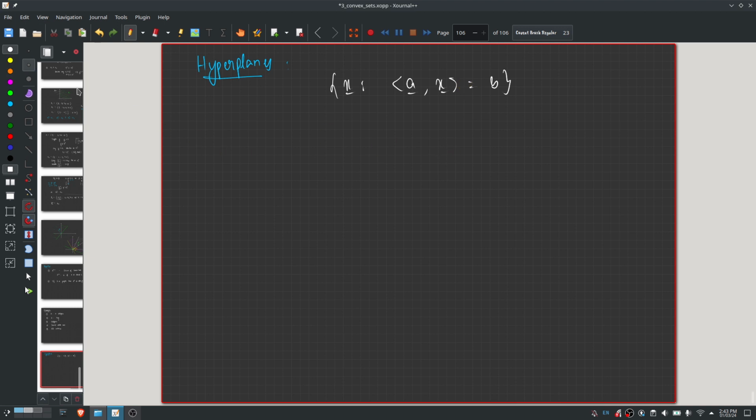For example, I have some set A and I am given some other set B. I want to know if it is possible to design a simple classifier, or a simple function, which distinguishes whether a given point belongs to set A or set B.